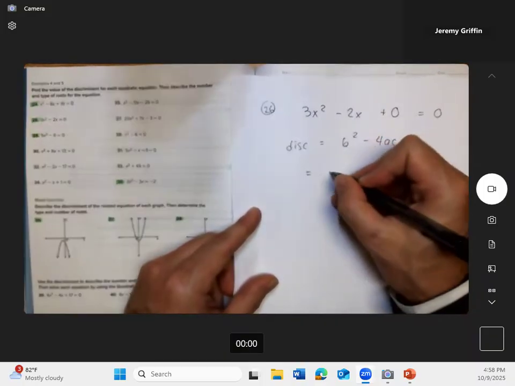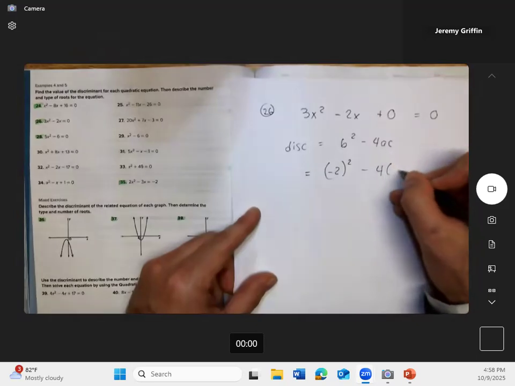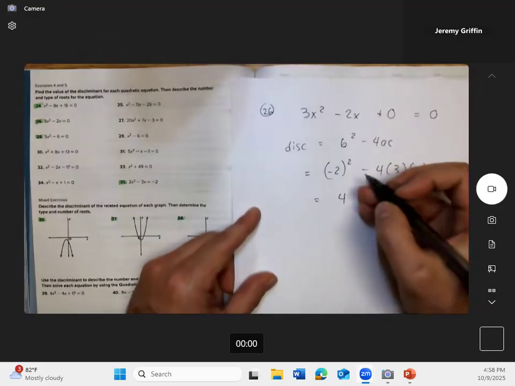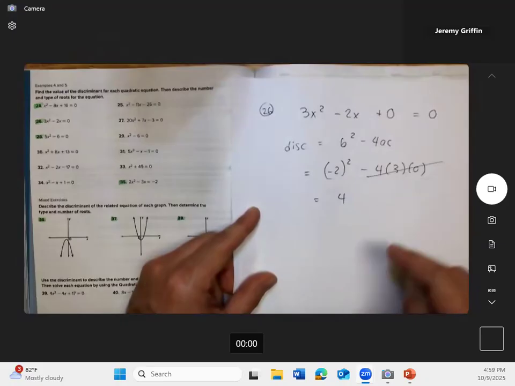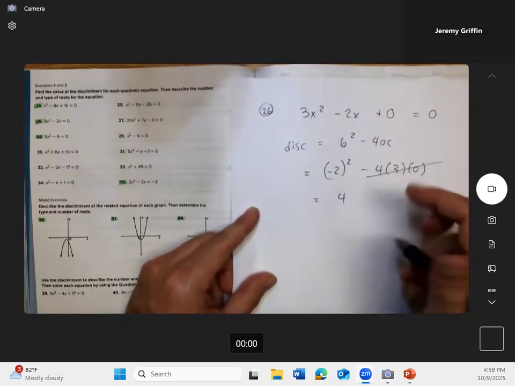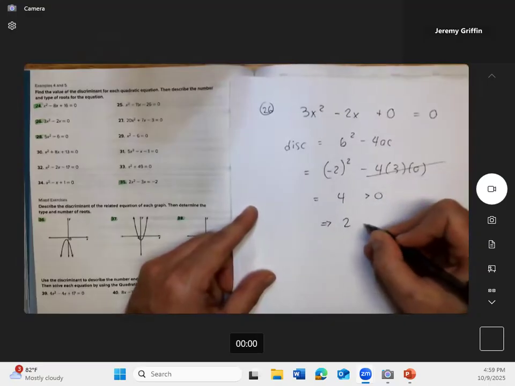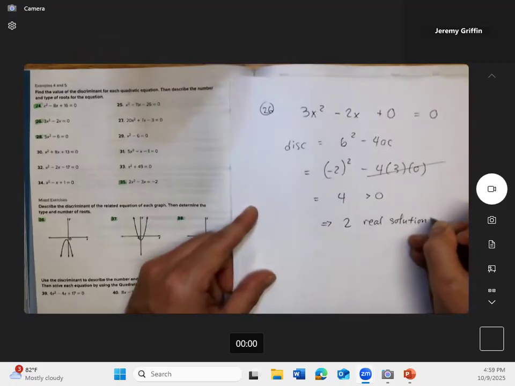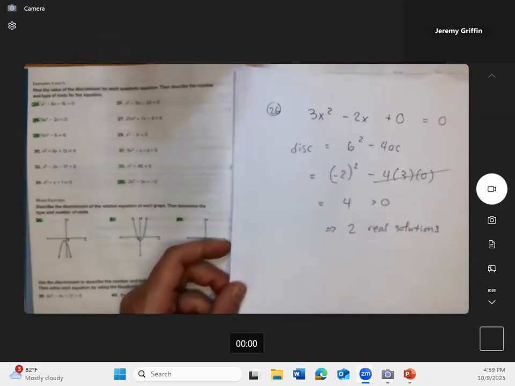That's going to be negative 2 squared, which is positive anyway, minus 4 times 3 times 0, which is just 0. So that's 4, because negative 2 all being squared is positive 4. This bit just goes away there. So the fact that this is greater than 0 means I get two real solutions. Yeah, two real solutions. I think that's all they're looking for there.